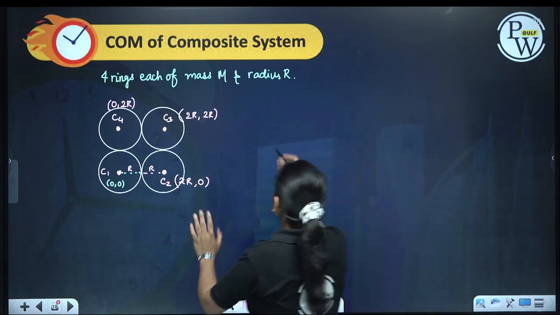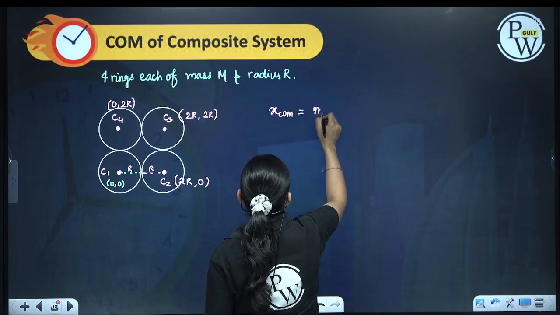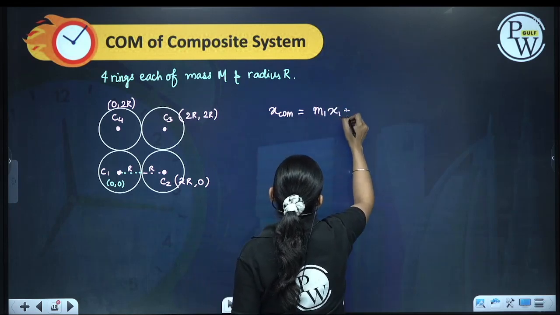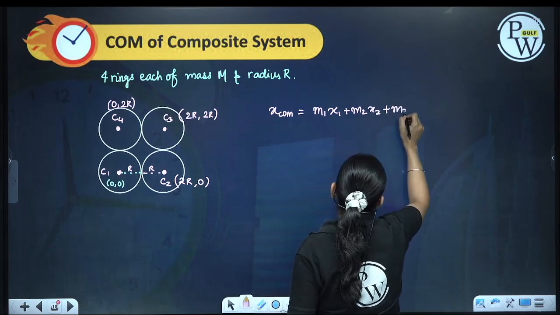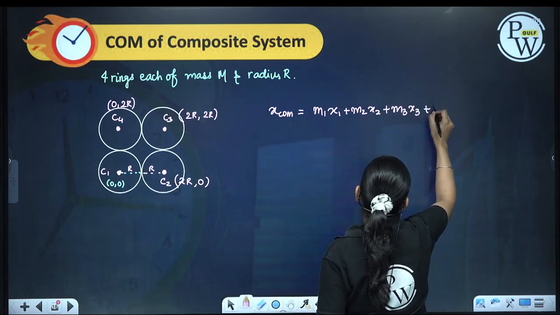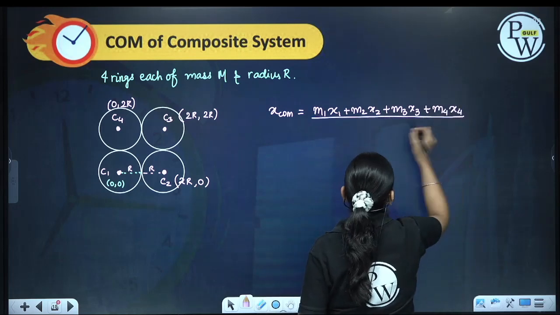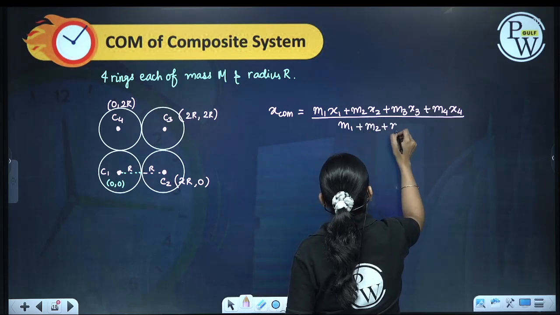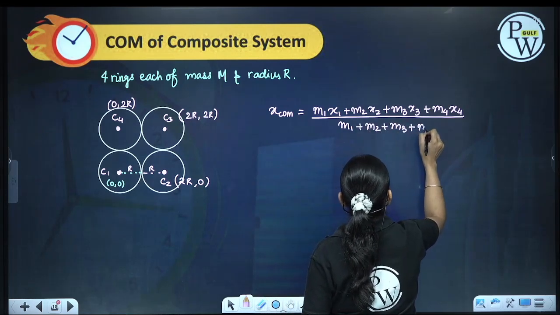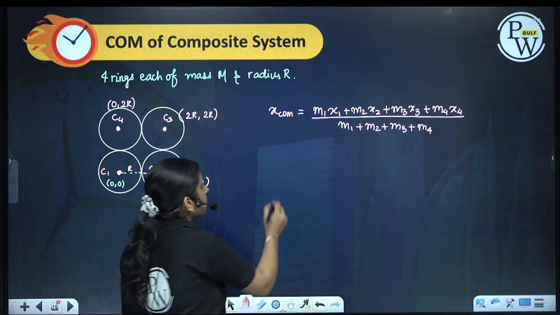So the position coordinate XCOM equals m1 x1 plus m2 x2 plus m3 x3 plus m4 x4 divided by m1 plus m2 plus m3 plus m4. This is how we can find the center of mass of composite systems.